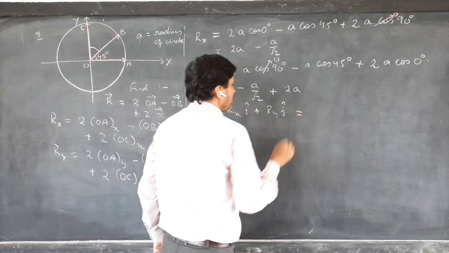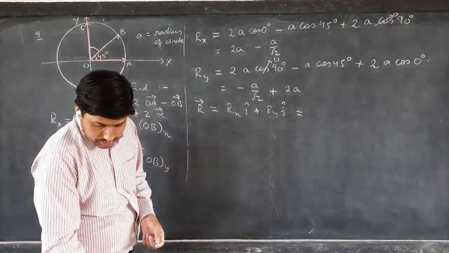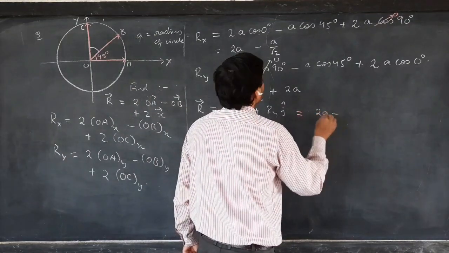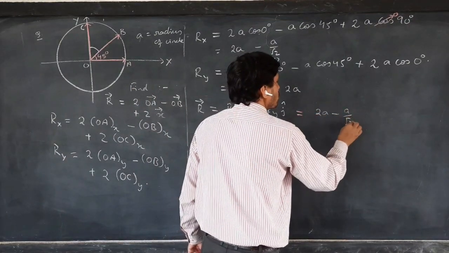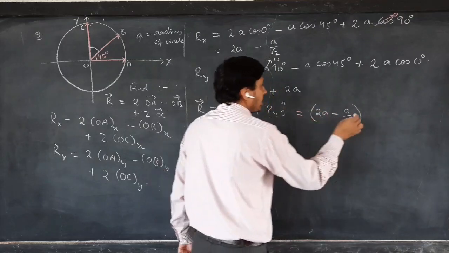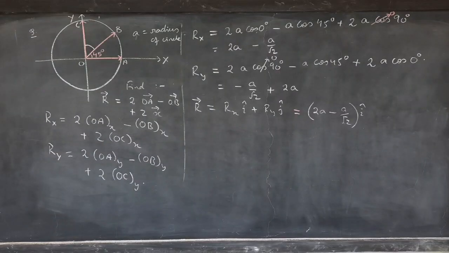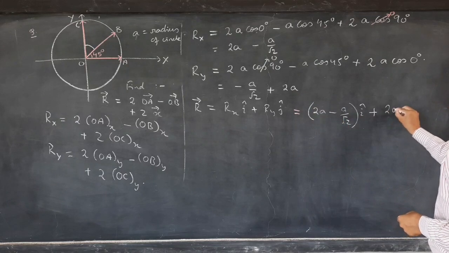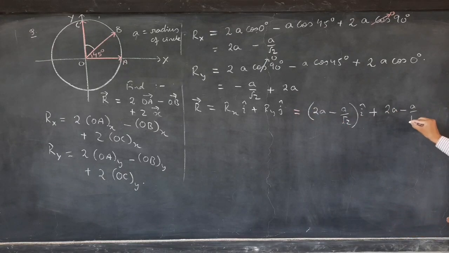The x component is 2a minus a by root 2 times i cap, and its y component is also the same, so plus 2a minus a by root 2 times j cap.